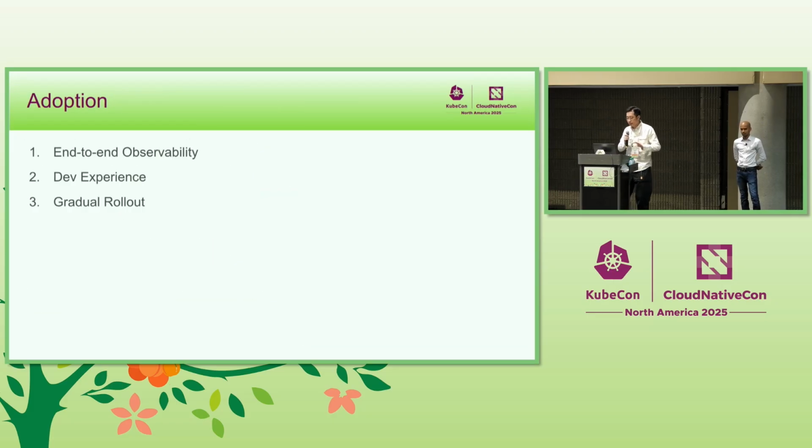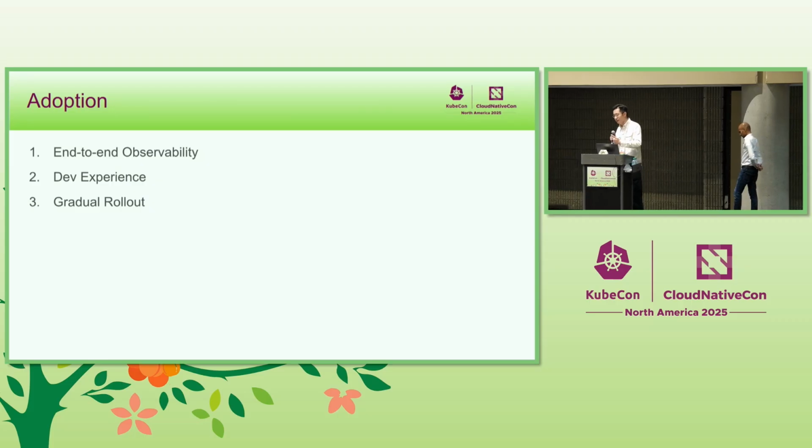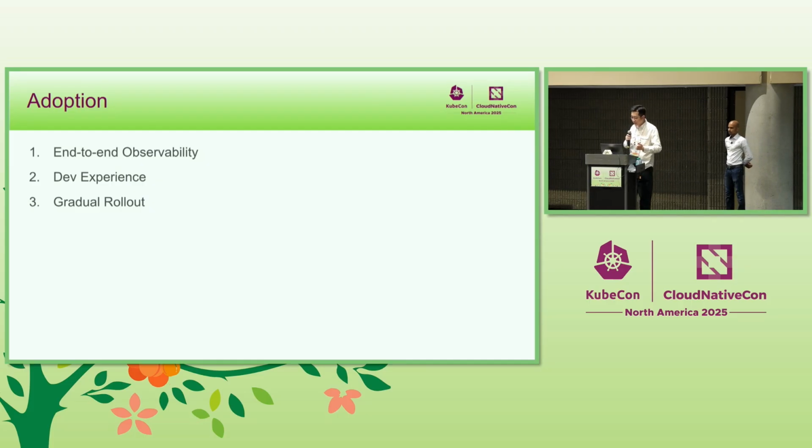With all those technical solutions in place, the next major question is how can we actually get everyone to adopt it? That, to be honest, is probably an even harder problem than figuring out a solution. So we have three main paths here. We want to build end-to-end observability so that we know who is calling what.